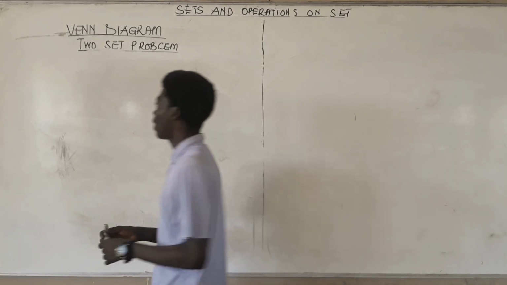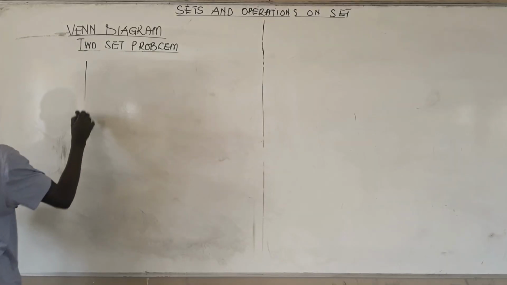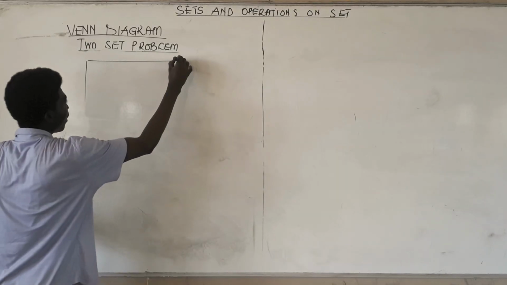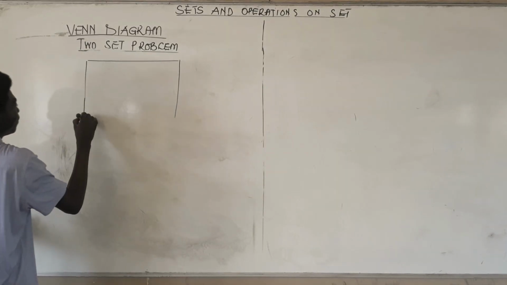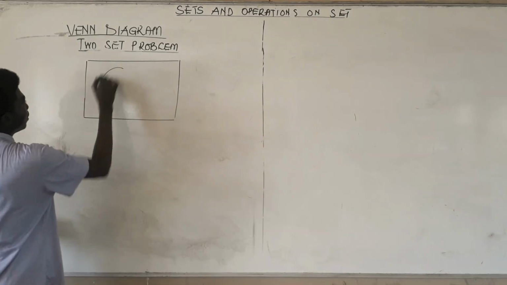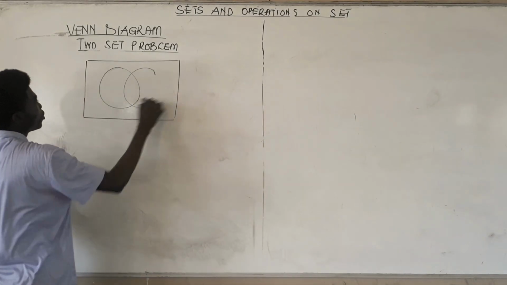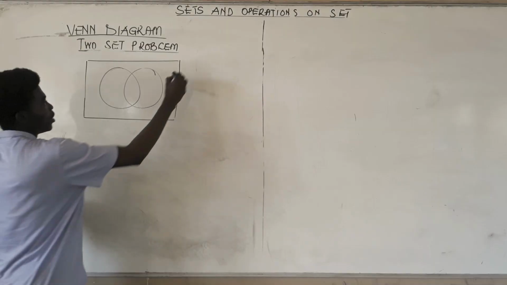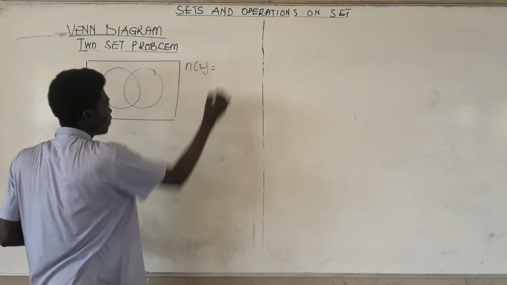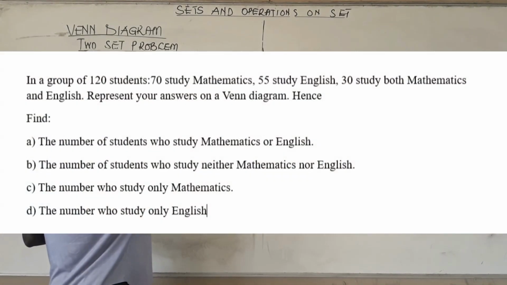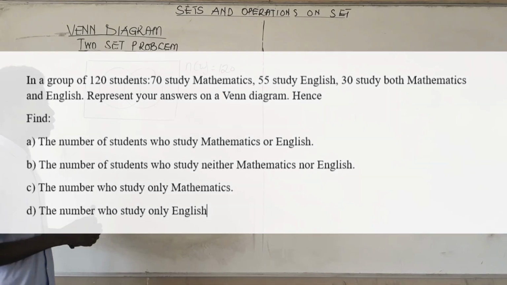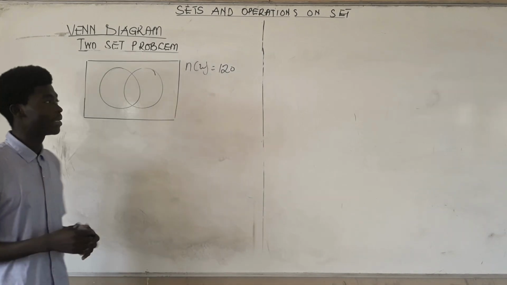So we represent our information on a Venn diagram, and this is how our Venn diagram is going to look like. So we have the rectangle here and the two sets, right? The number of students in the class, that is the universal set, is going to be 120. And we denote the number of students who study mathematics by n.